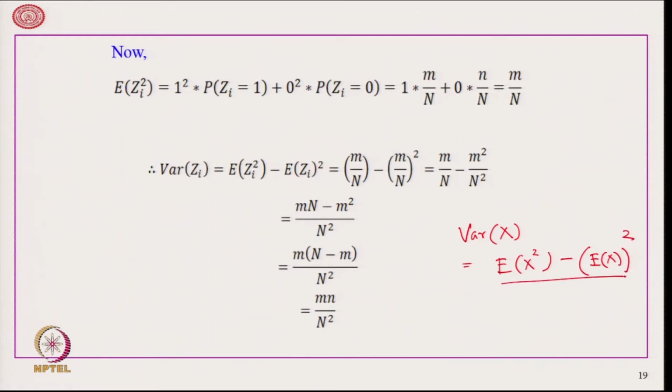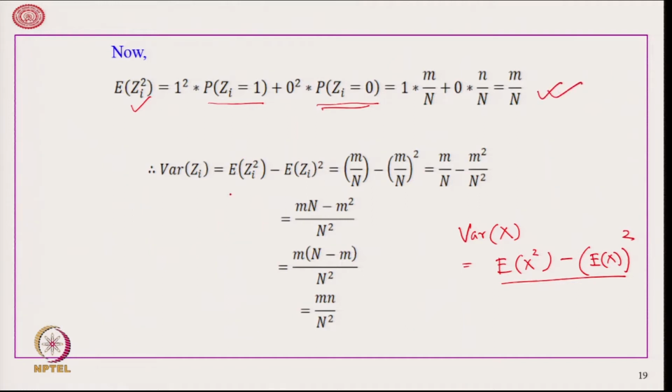So, let us first calculate expected value of Z_i square. This is equal to 1 square times probability Z_i is equal to 1 plus 0 square times probability Z_i is equal to 0, which is again coming out to be m by N.